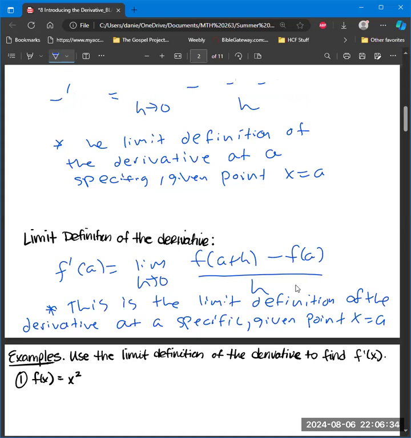I wrote that too high up there, but I'll get rid of that now.